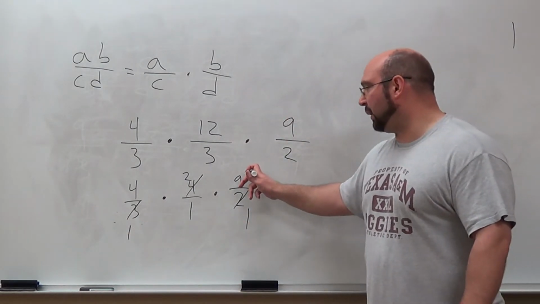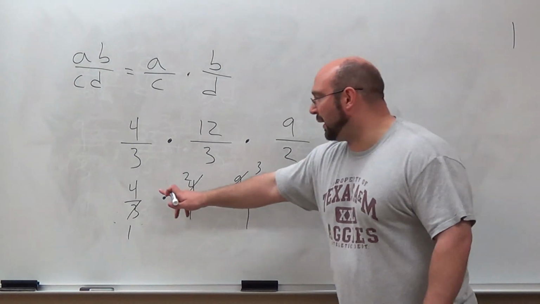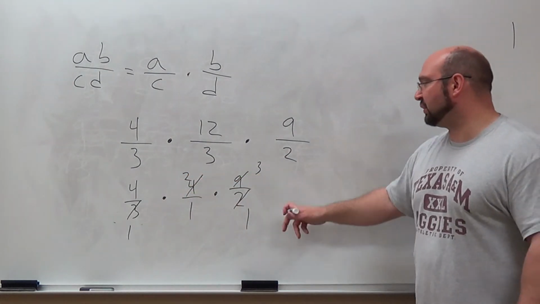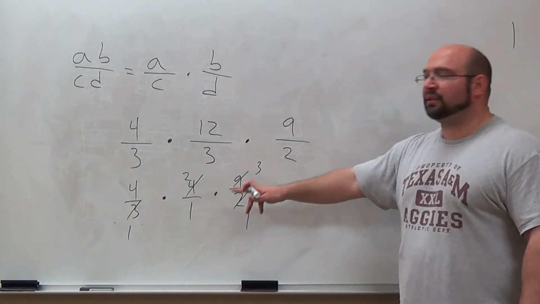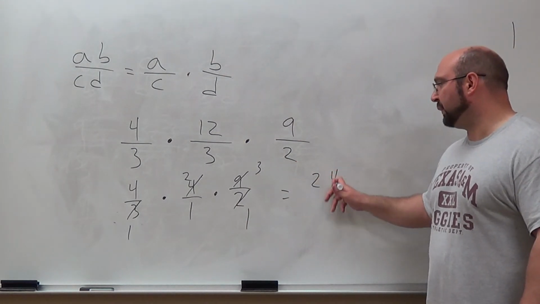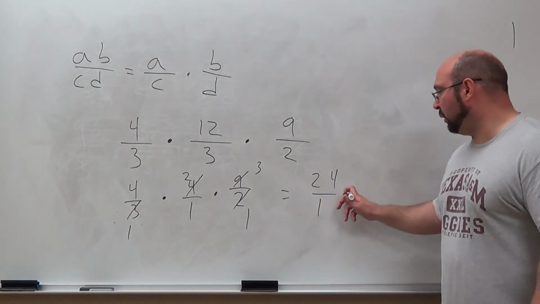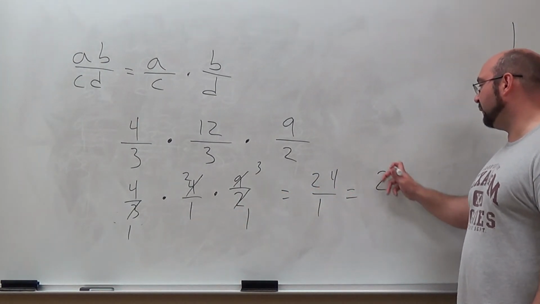I divide the 9 by 3, and I get 3. Right? So now I'm at 4 times 2 times 3. And I know 4 times 2 is 8. 8 times 3 is 24, at least the last time I checked. 1 times 1 times 1 is 1, which is our 24.